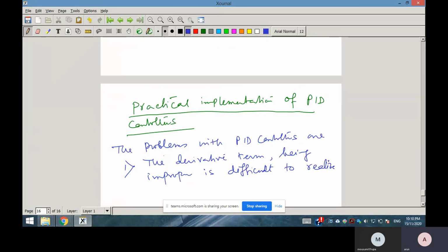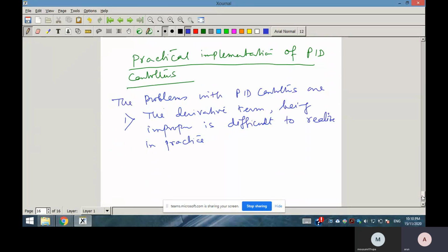This is the major thing. Improper terms are difficult to realize. So even if you use what's called a differentiator, there are still problems, which I am saying now.